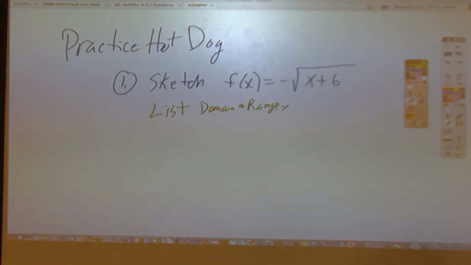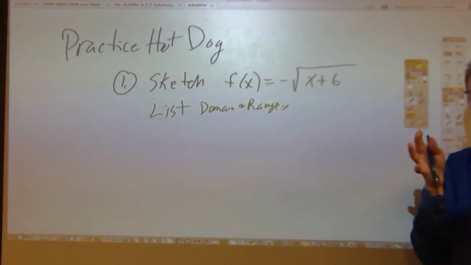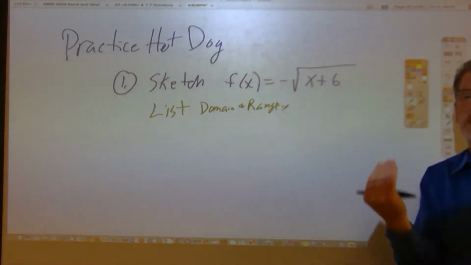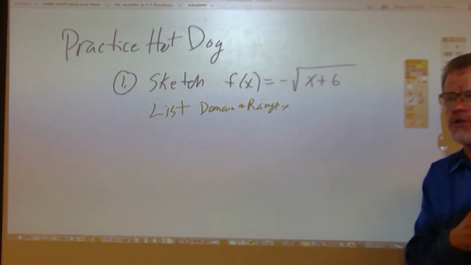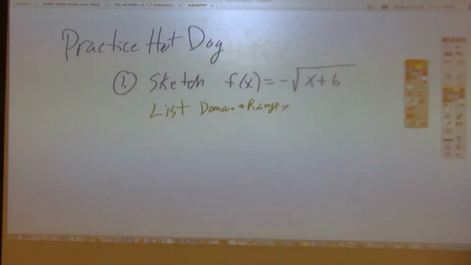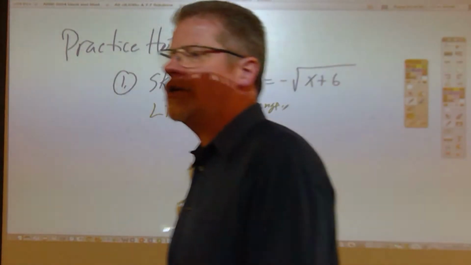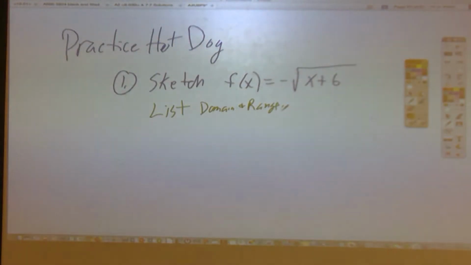So sketch the graph of this function, list its domain and range. That's going to be a preliminary step for finding the inverse function and its domain and range. So practice hot dog question, give it a go. Please write your answer on your collection of hot dogs.